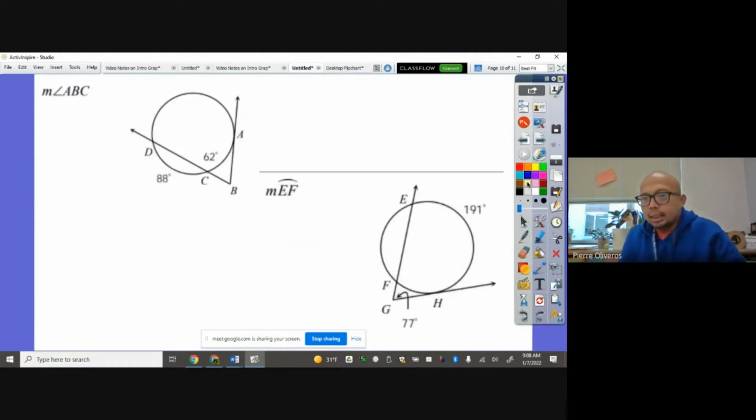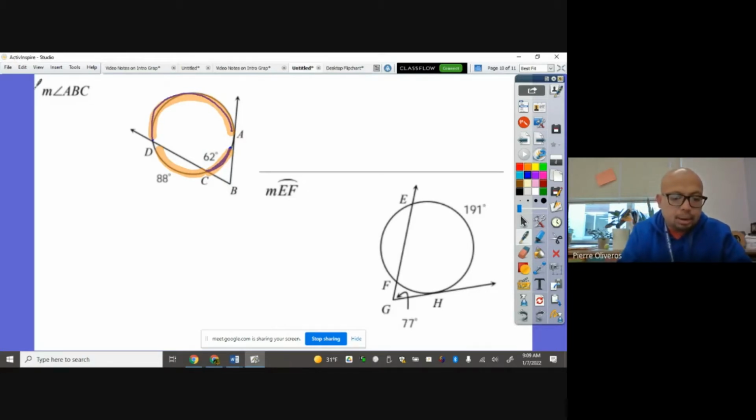Next, this time we have a tangent and a secant. I know that this is the smaller arc. I have to get that one there. But remember, the entire circle is 360. If I have a 62 here, I have an 88 here already, I can get this portion by subtracting 88 and 62 from 360 after you add them.